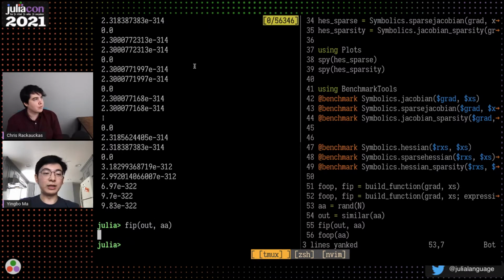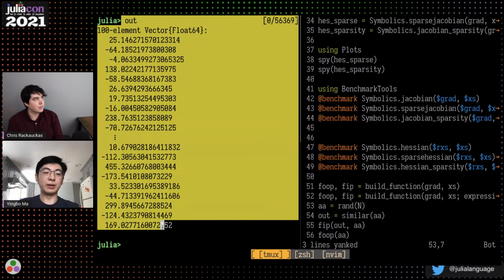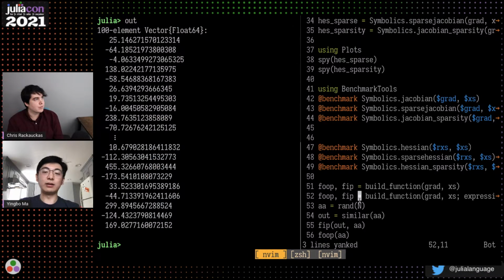Then here, the in-place function returns nothing, but then you can see that the out vector is filled with the gradient values at the A point. And then the out-of-place function just directly returns the gradient.